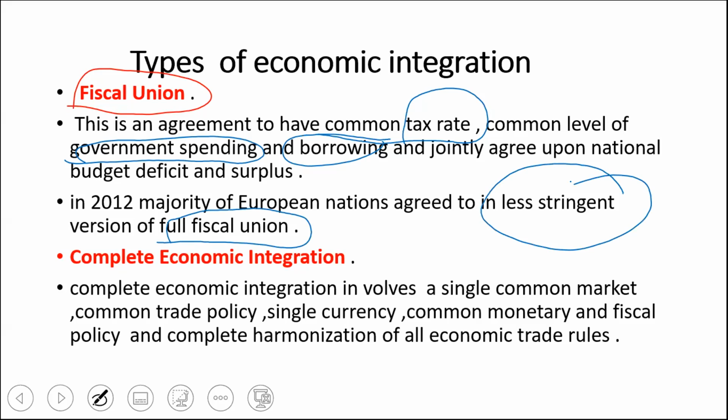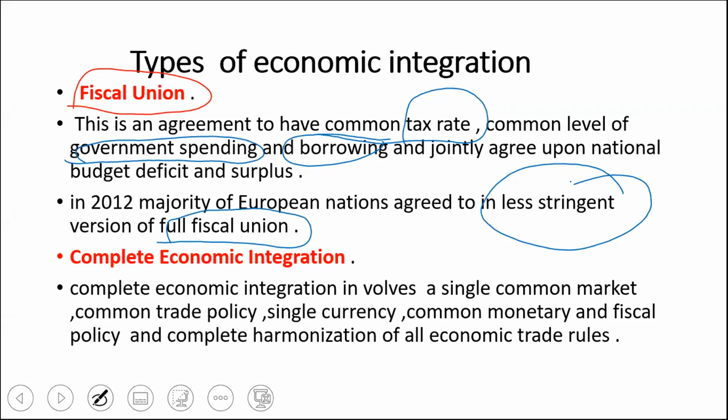The European Union decided that they will liberalize a bit. They will not be very strict, because with too much strictness, a country like Britain may come out of the European Union, and then it will affect the strength of European Union. So they said that we will not be very strict regarding the fiscal policy.